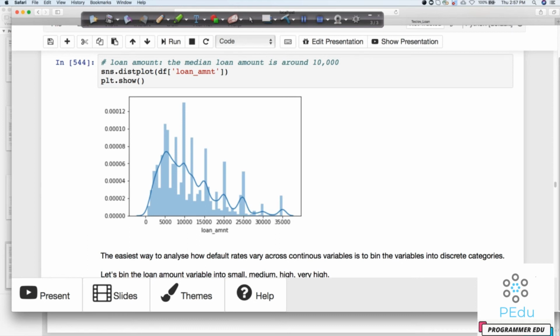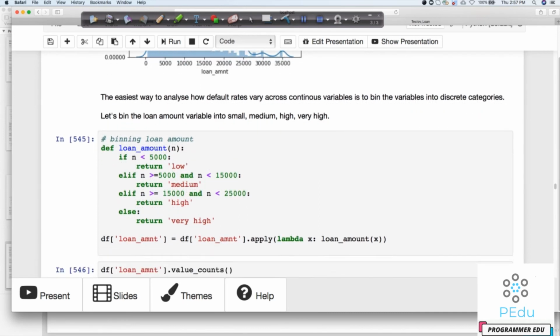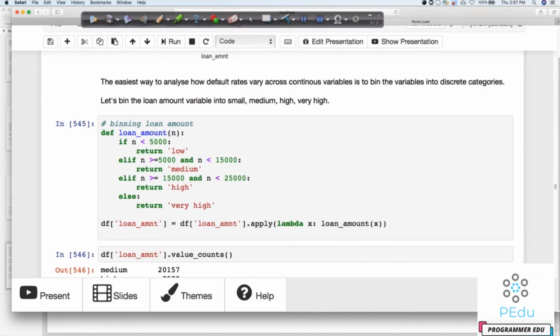So how about we again create a derived column, where we make a categorical column out of it? For example, in the loan amount, anything less than 5,000, we would say these are low value customers with low loan amount. Similarly, anything between 5,000 and 15,000, let's mark it as medium.